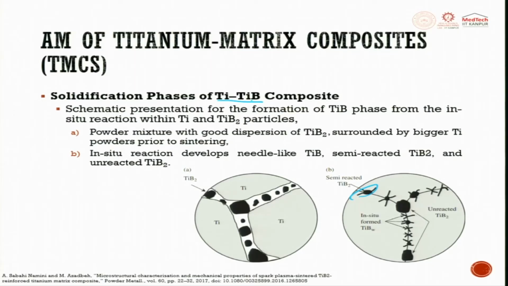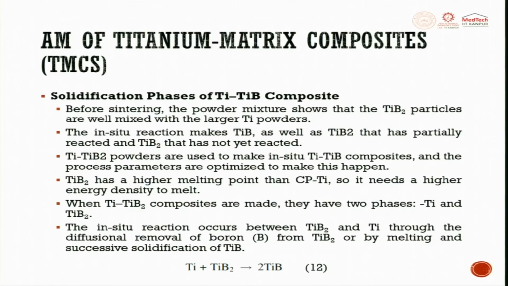So, the solidification phase of TiB, Ti in TiB is seen. Before sintering, the powder mixture shows that the TiB2 particles are well dispersed with the larger Ti powder. With the in situ reaction, TiB is made as well as TiB2 that is partially reacted and TiB2 that is not yet reacted.